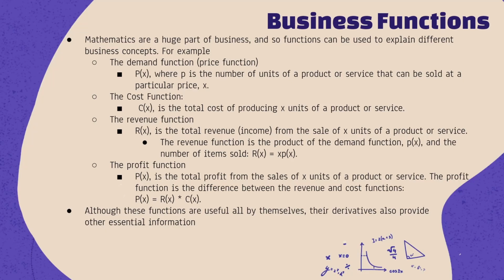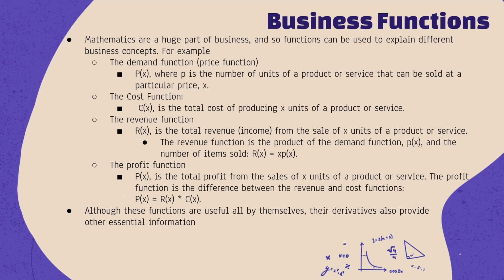So revenue is the total income from sales that you'll gain when you sell some product or provide some service. So now the demand function said I could sell them for $10. I sold all 5 of them, right? My total revenue is 50, and that is a revenue function.